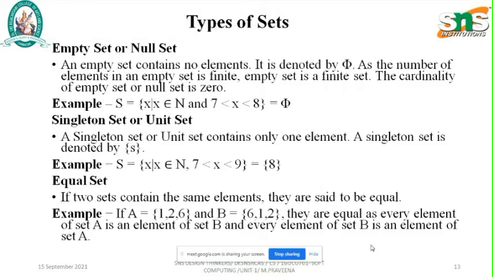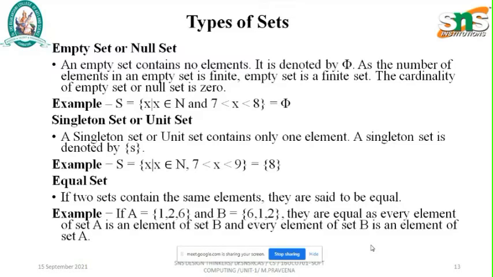Next we are going to see about the equal set. What is an equal set? If two sets contain the same elements, they are said to be equal. Let us see the example here. Set A consists of 1, 2, 6. It consists of three elements, that is 1, 2 and 6. The set B consists of 6, 1, 2.